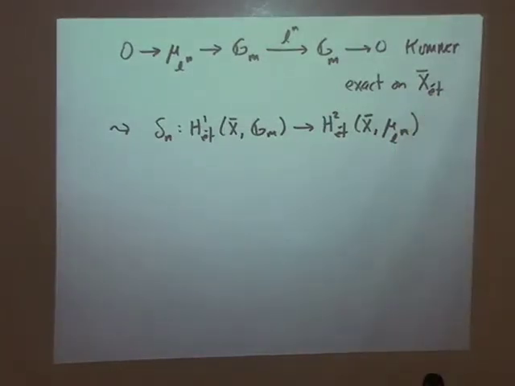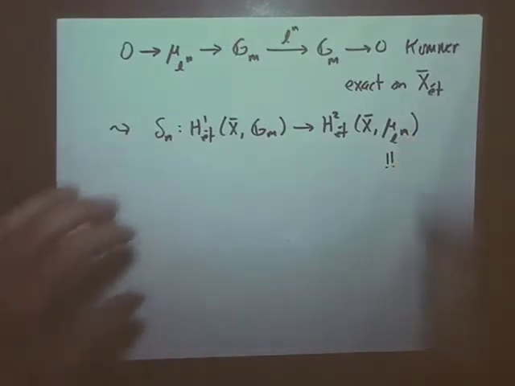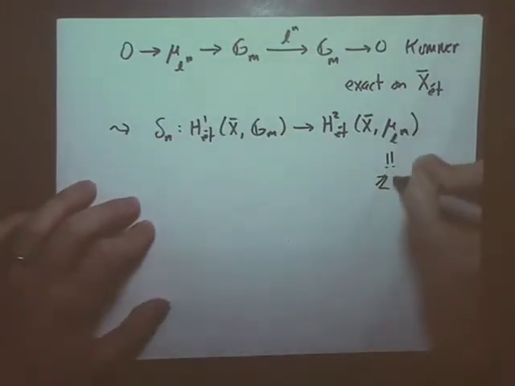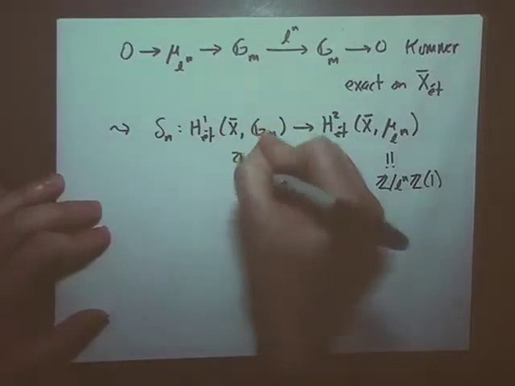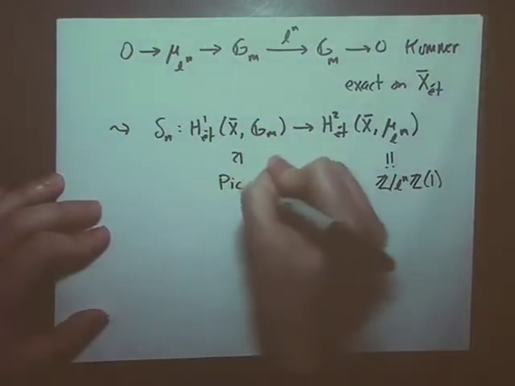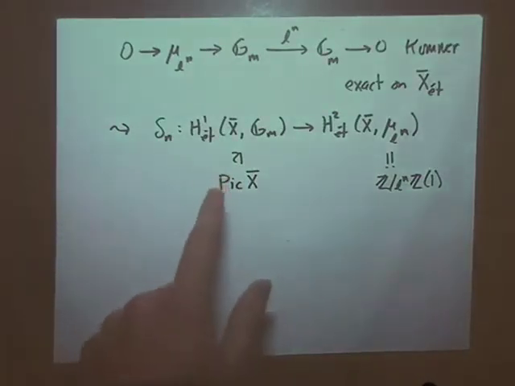Now for reasons of Galois actions, I'm going to relabel this Z mod l to the n Z twisted by one twist. This is not so important just yet. Now we saw yesterday in Coulter-Lenz lecture, the Hilbert 90, this is really Pic X bar, so that's good.